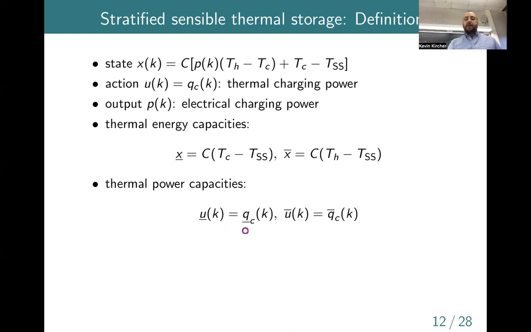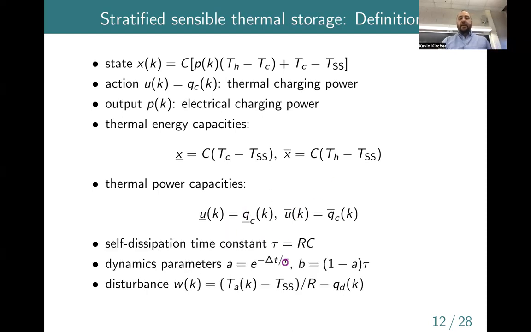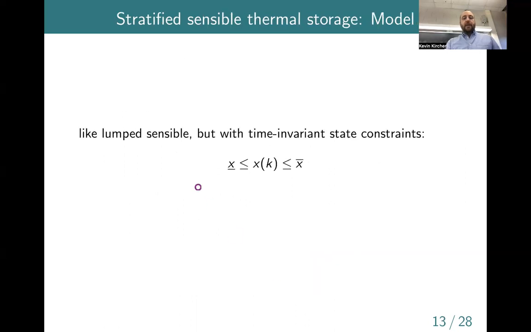The power capacities again are the same. The time constant ends up being the same. The parameters are the same. And the disturbance looks very similar, but with a slight change that we have potentially a different benchmark temperature there. And the model is the same as well. It's just that we have time-invariant energy capacities for this one.